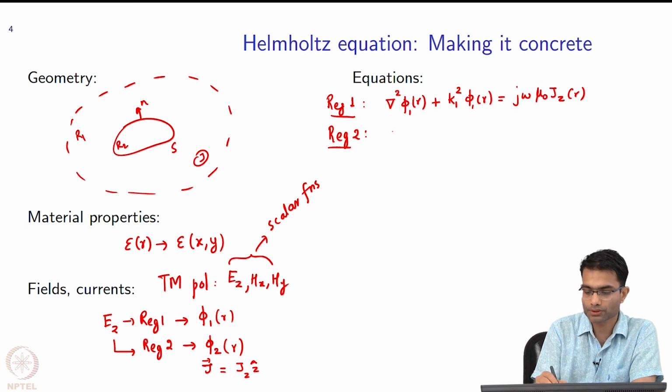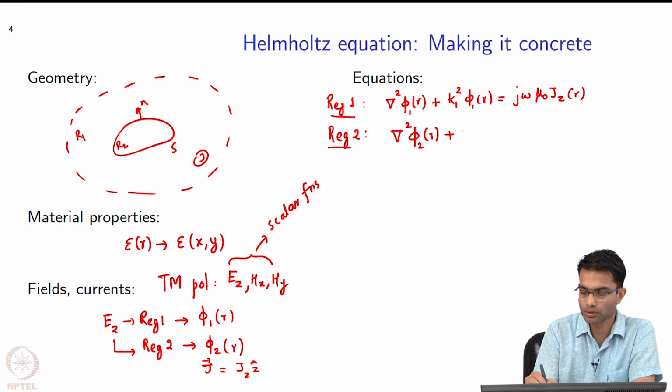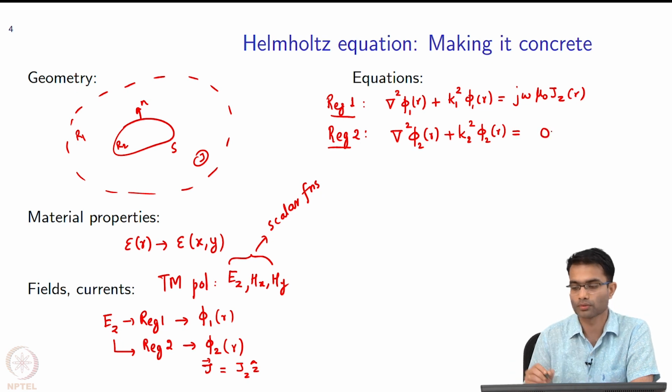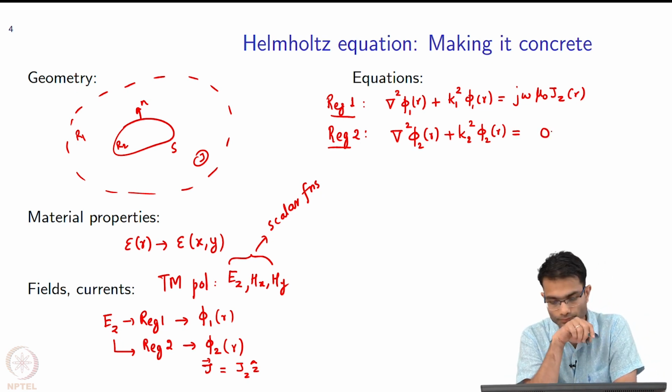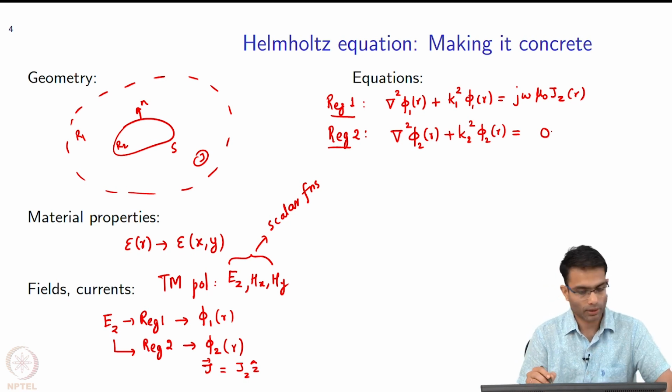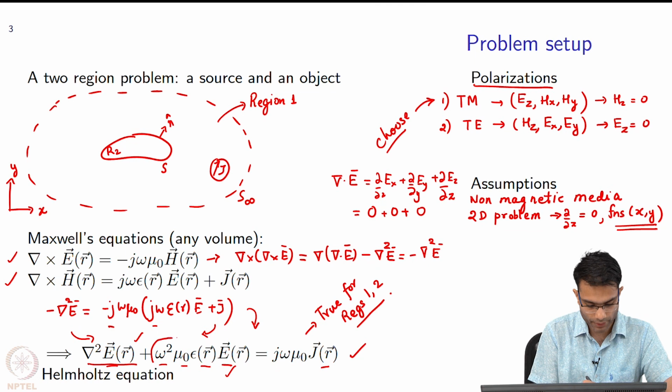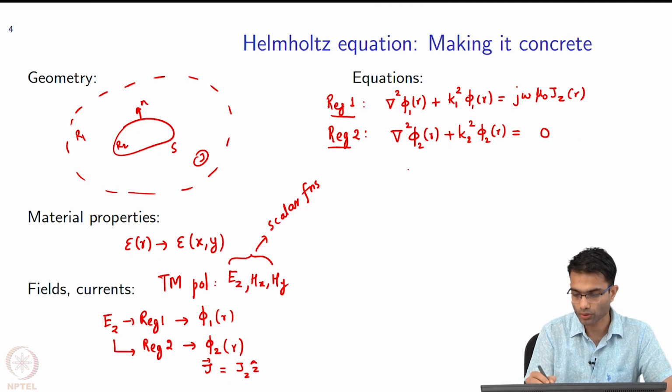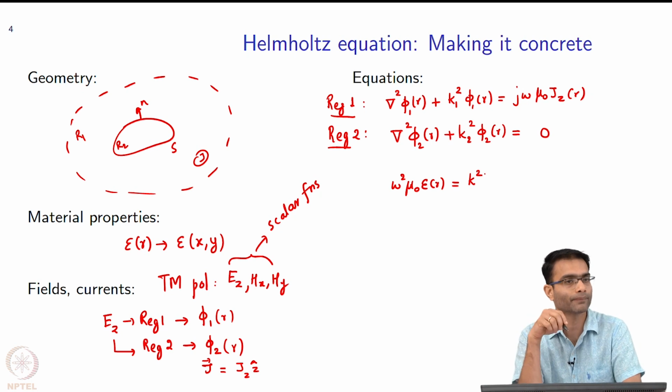Region 2, just follow the same recipe. In other words, this term over here, omega squared mu naught epsilon r, I am writing as k squared.